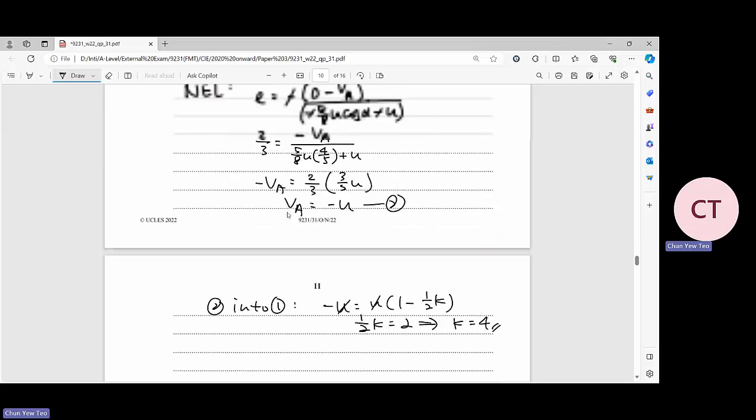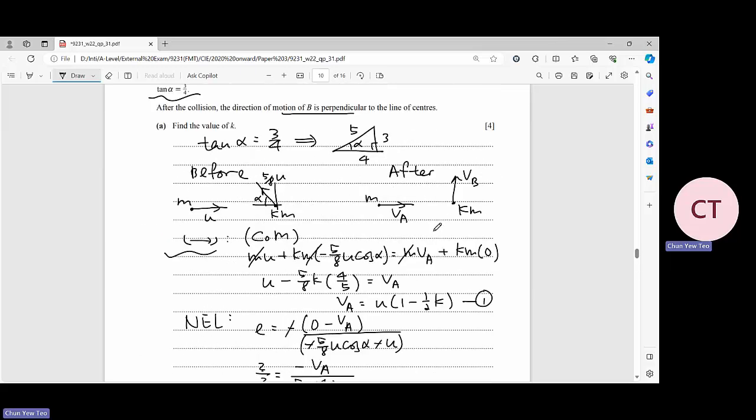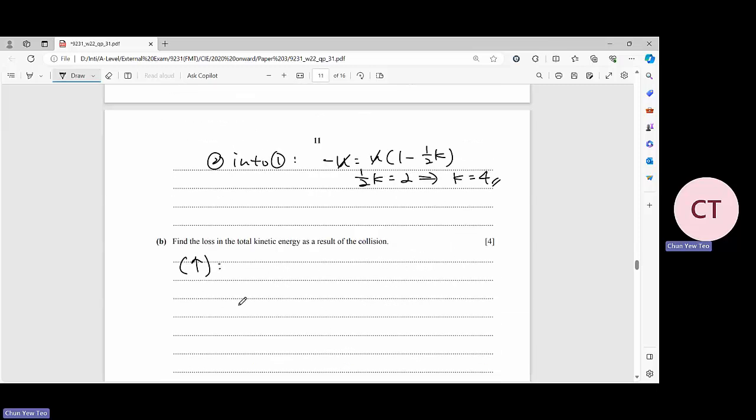So v_B is equal to 5/8 u sin alpha, because the vertical component doesn't involve the collision, so before and after are the same. Sin alpha is 3/5, then you get 3/8 u.